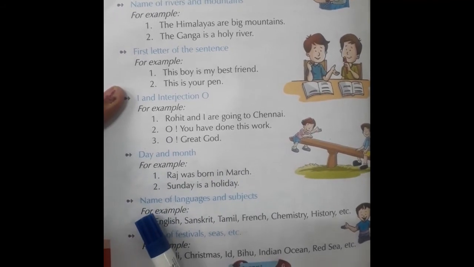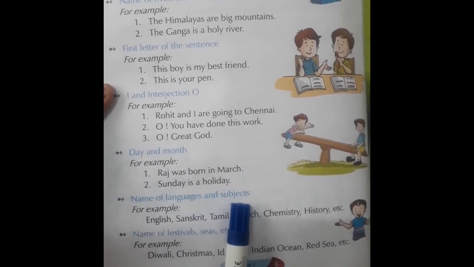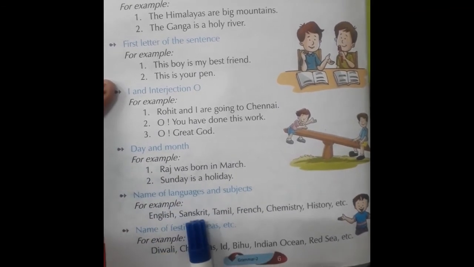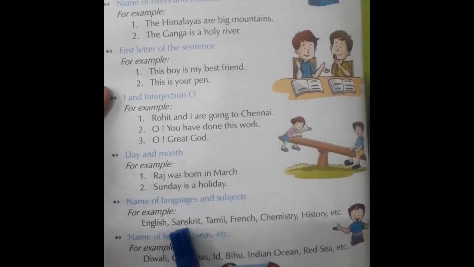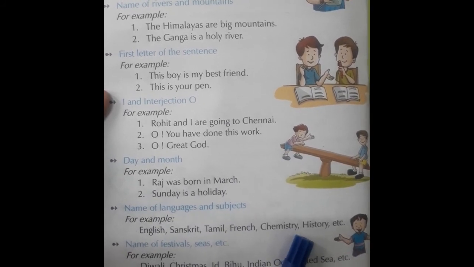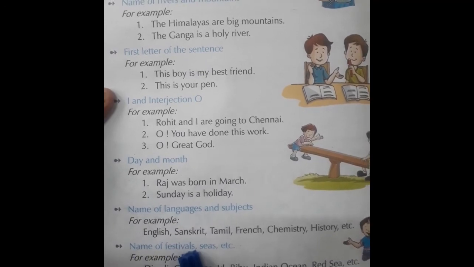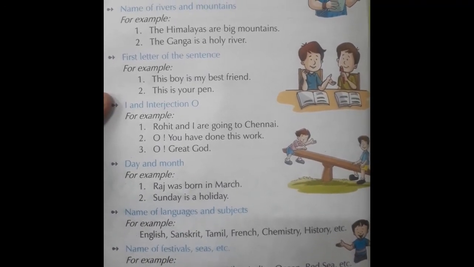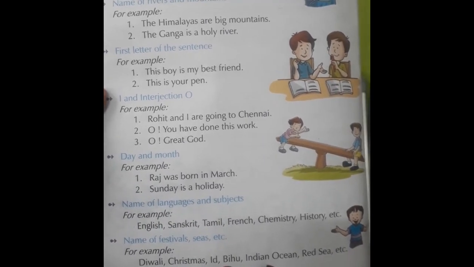Now see next situation, name of languages and subjects. For example, English, Sanskrit, Tamil, French, chemistry, history. These are languages and subjects also. Okay. Name of festivals, seas, etc. Any festival, Diwali, Christmas, Holi, Eid, Bihu.